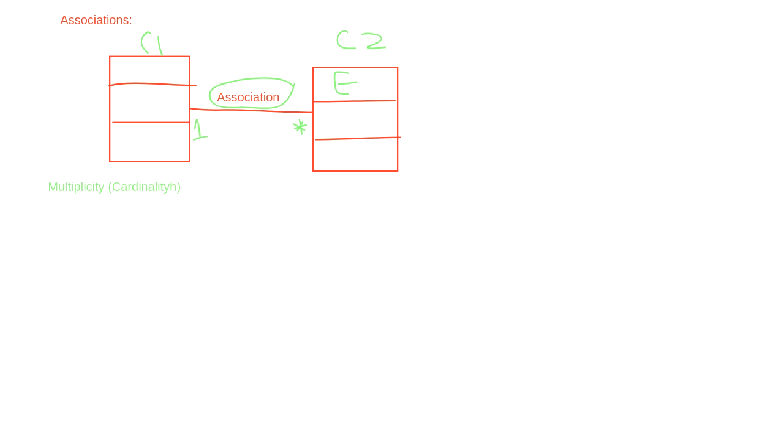So the company instance is only one and the employee objects may be many. I can show this with the help of multiplicity or cardinality. There's no H in cardinality.